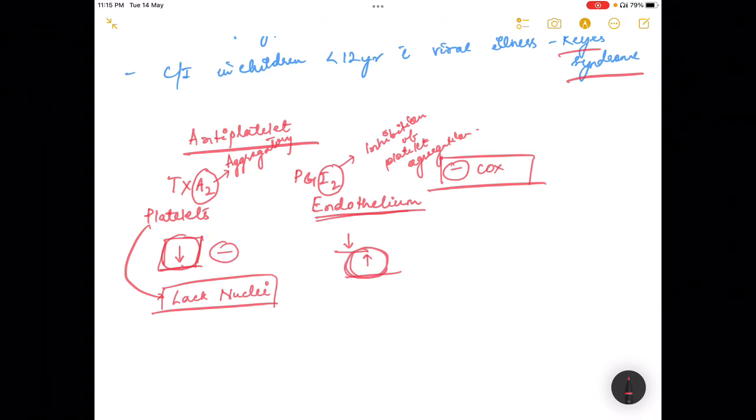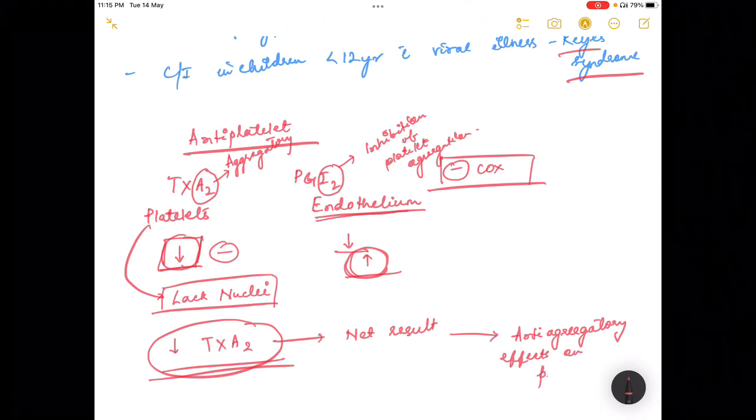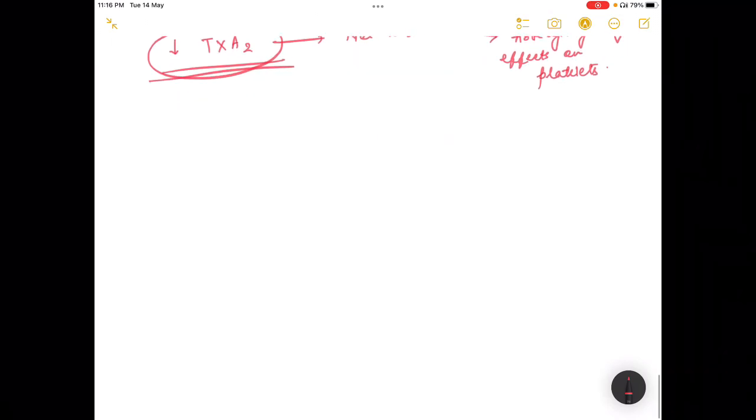The net result is reduction of thromboxane A2. Yes or no? As there is reduction of thromboxane A2, there will be anti-aggregatory effects on platelets. Okay, so this is the mechanism by which aspirin causes anti-aggregatory effect on the platelets.